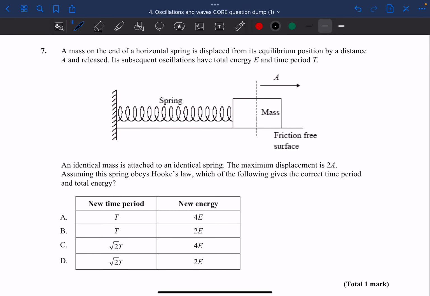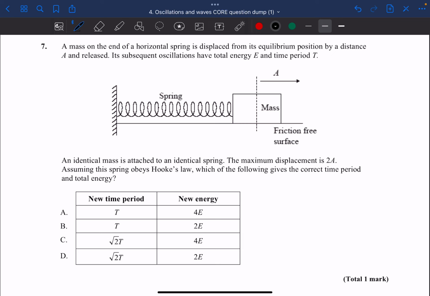Yes, and also the period equation is in topic 9.1 in the data booklet, which is for the mass spring, T equals 2 pi root m over k. So there's no displacement in this equation, so period is not affected.